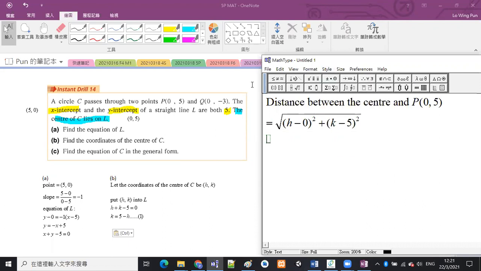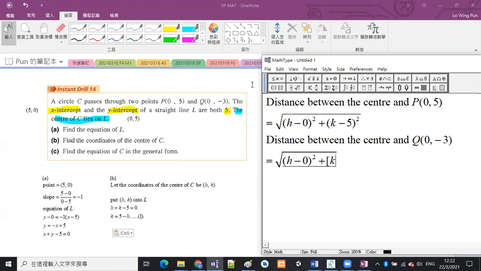Okay, and then the distance between the center and the other point Q, (0, -3), will be calculated by square root of h minus 0 squared plus k minus -3 squared.